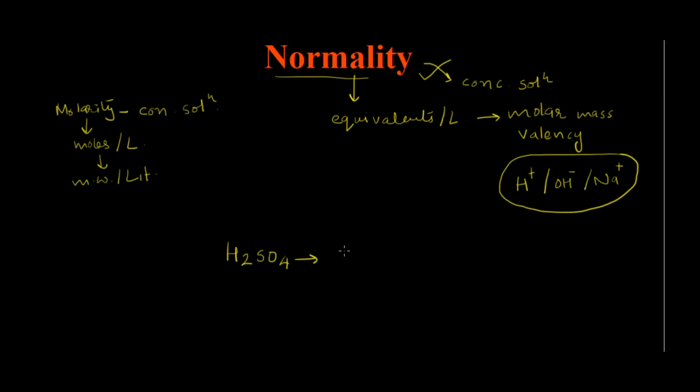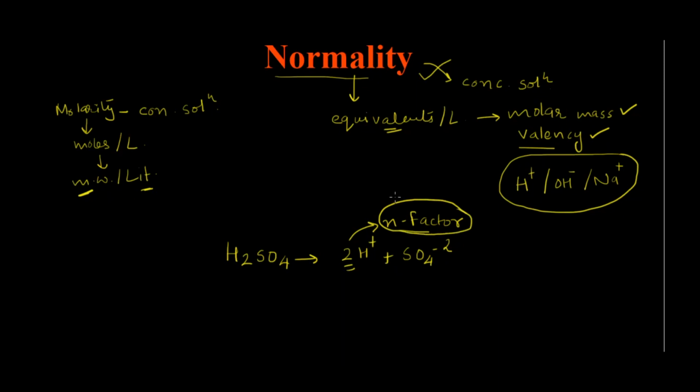On dissociation, I'm going to get 2 H+ protons, right? So this is the valency of H2SO4, 2. And the same thing is also called N factor. Alright, so this much is clear so far, that normality along with molecular mass also takes valency into consideration. That's what we are also going to call the N factor. Why it is important, just in a while you will see.